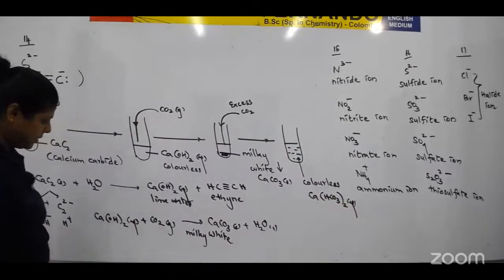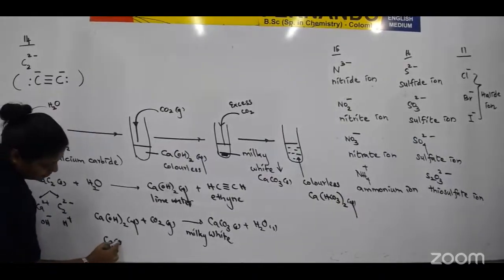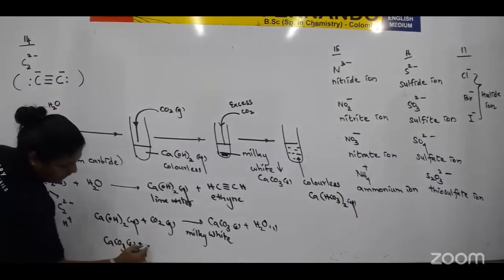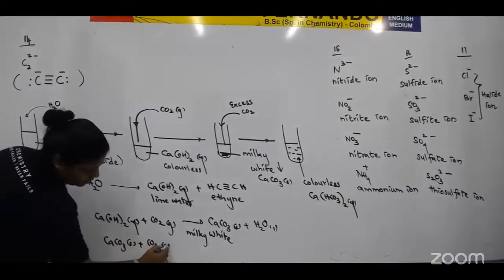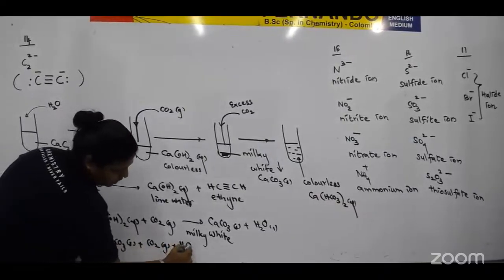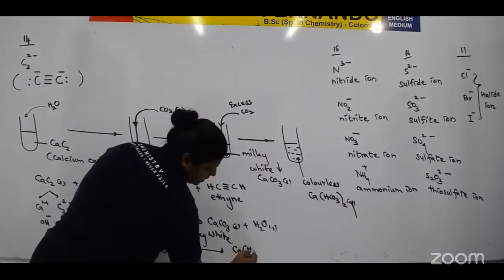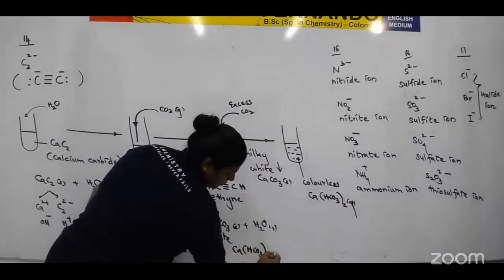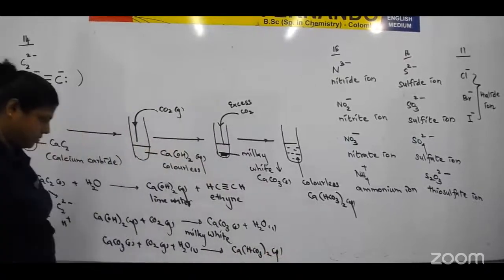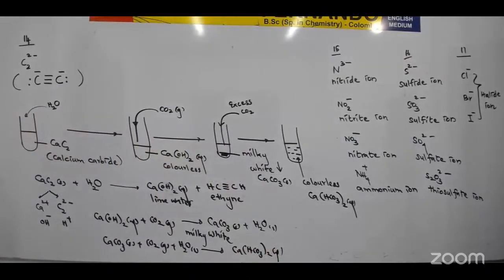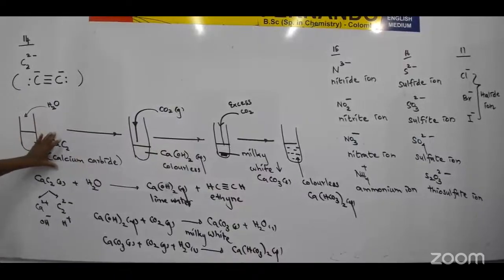So calcium carbonate reacts with excess carbon dioxide in the water medium, producing calcium bicarbonate, a colorless solution. The reaction is balanced. Understood?